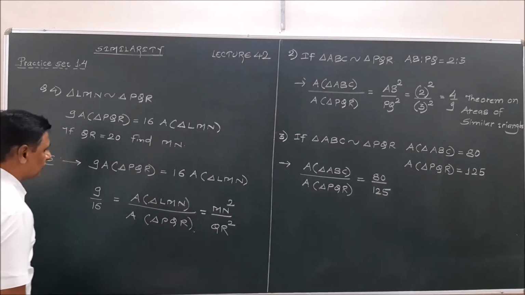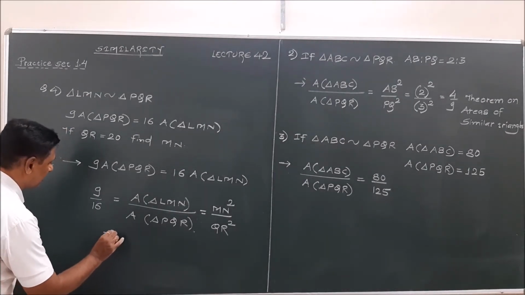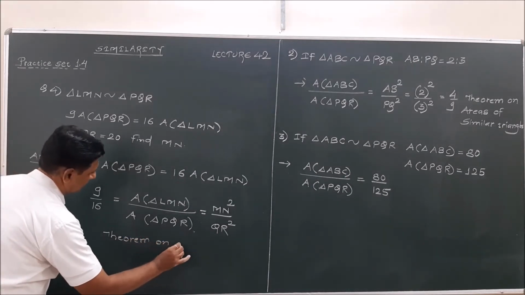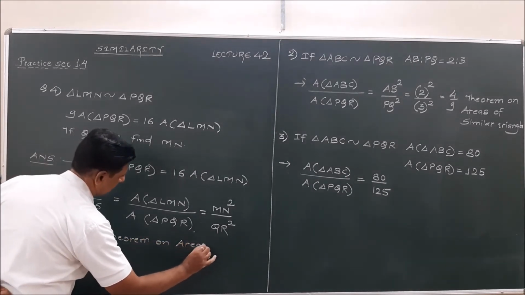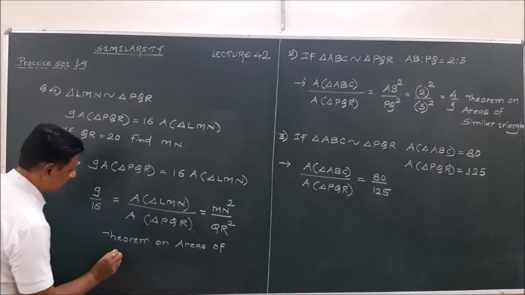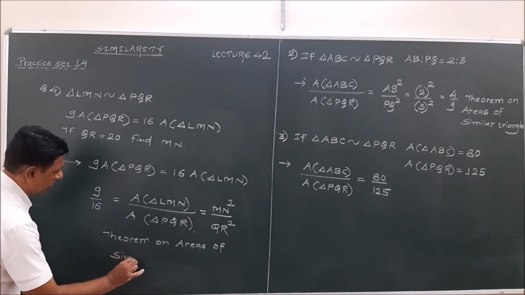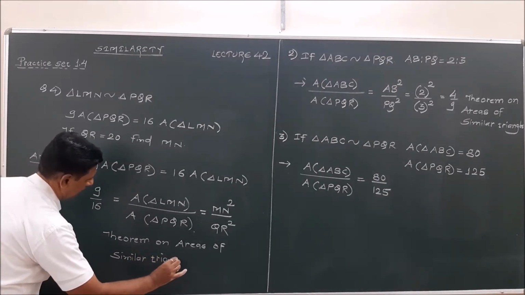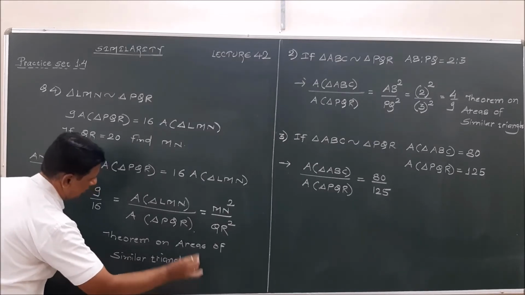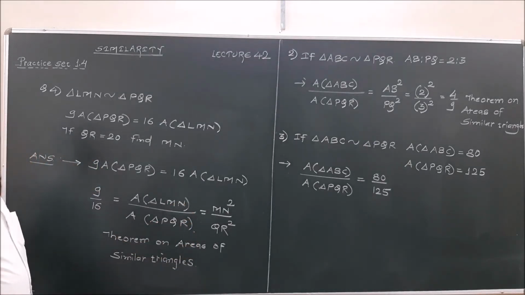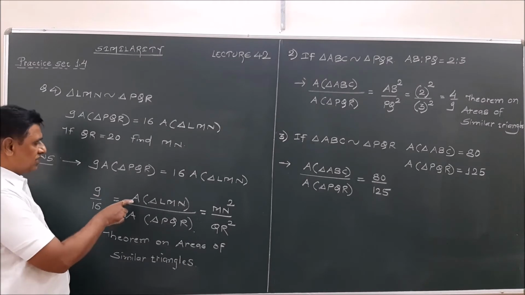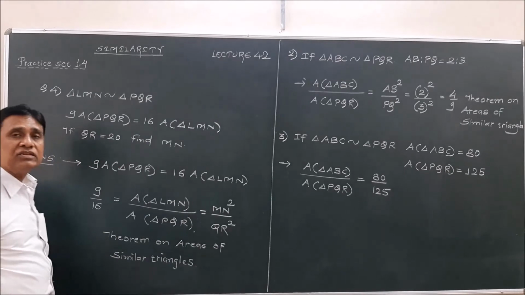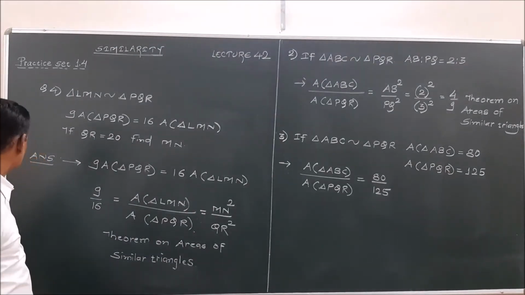Theorem on areas of similar triangles, very important. 9 upon 16 is equal to area of triangle LMN upon area of triangle PQR is equal to MN square upon QR square. So okay, fine.